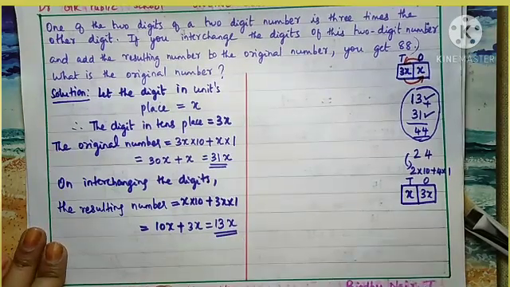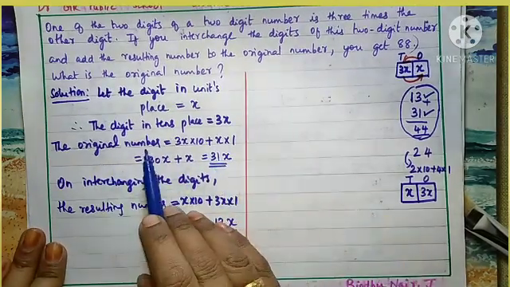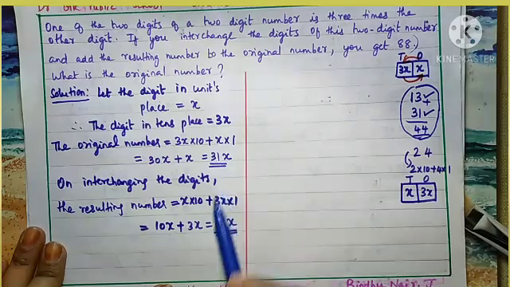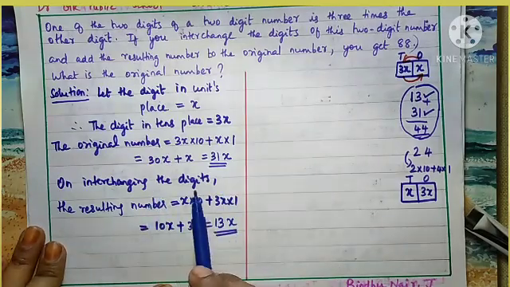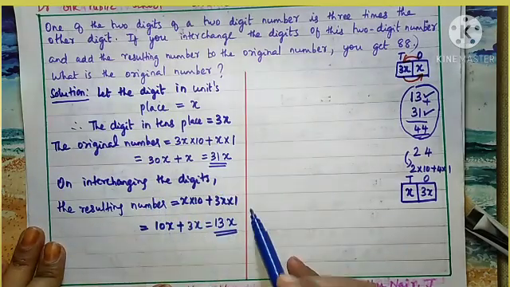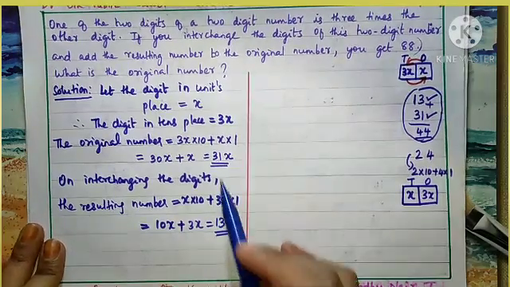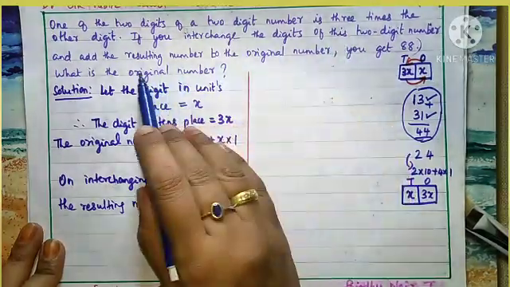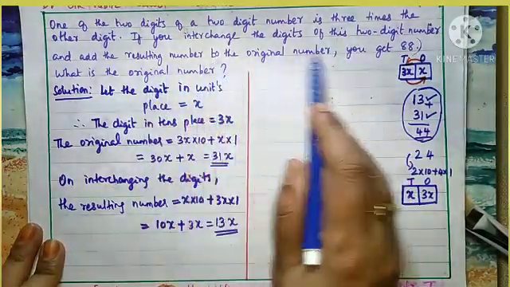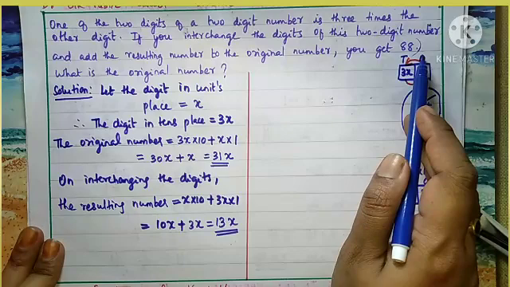All of you understood? So the original number was 31x, and after interchanging the digits the resulting number came 13x. Now when the original number and the resulting number are added, you get 88 as the sum.